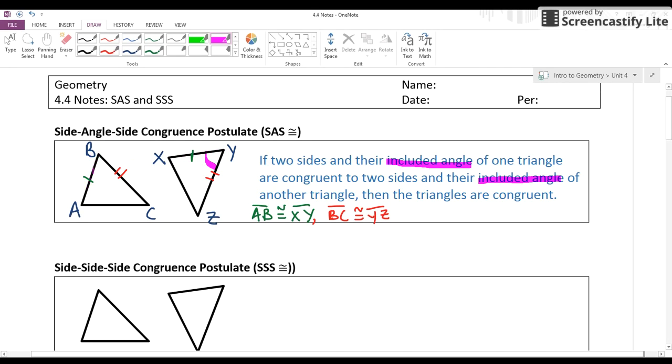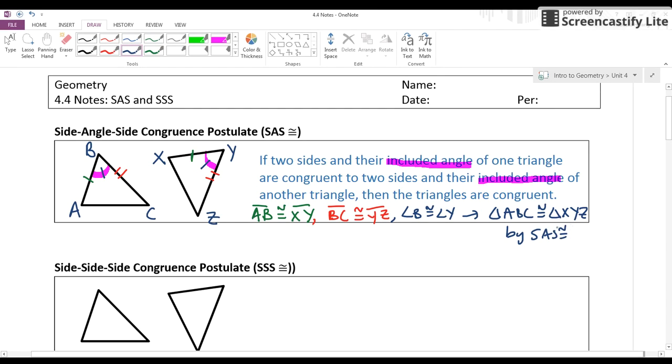So again, what we need to see is that this included angle Y is congruent to the included angle here for ABC, which should be angle B. So if we were given that angle B is also congruent to angle Y, then we can conclude that triangle ABC is congruent to triangle XYZ by the SAS congruence postulate.